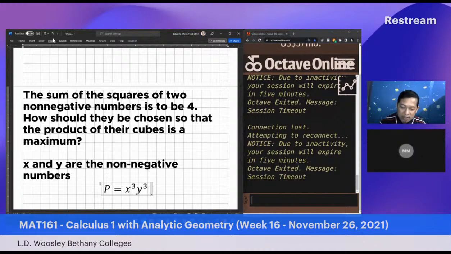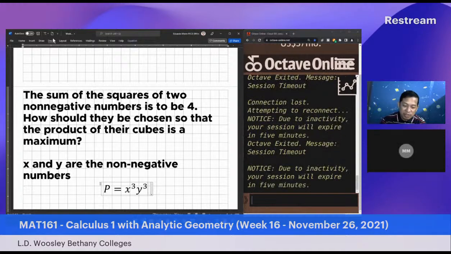Now, the next thing to do here is for you to eliminate one variable so that you could get the derivative with respect to one variable and equate it to 0. That's the procedure. So how could you do that? Dun po sa sum of two squares. How will you express that into a mathematical expression?